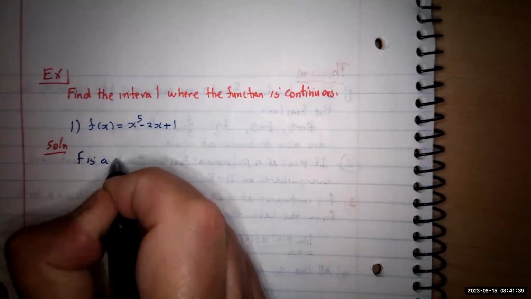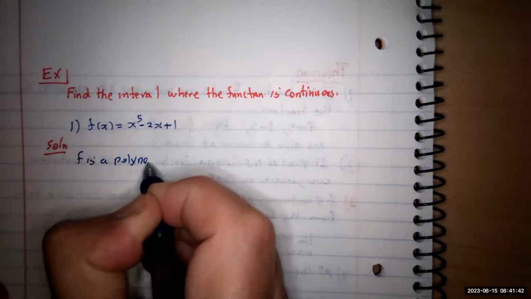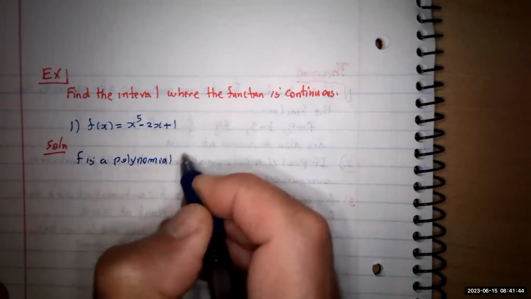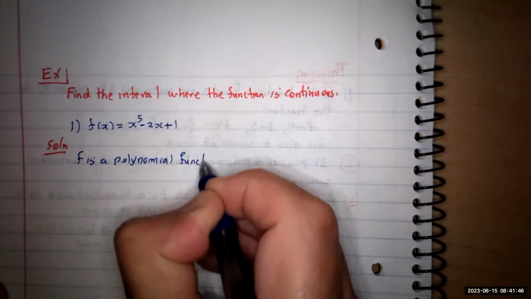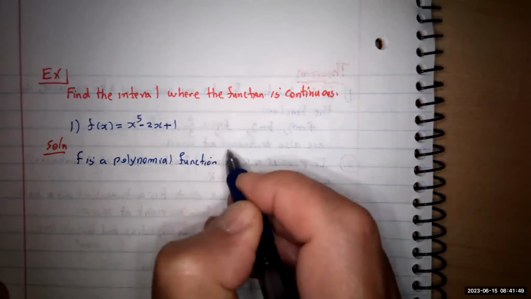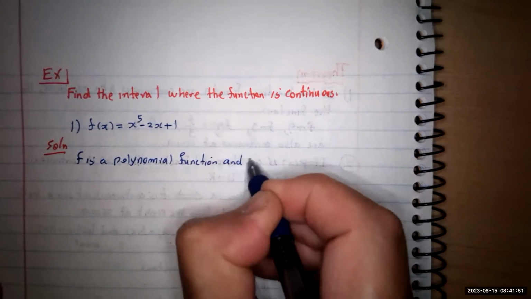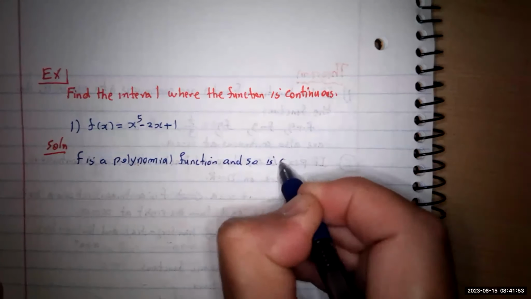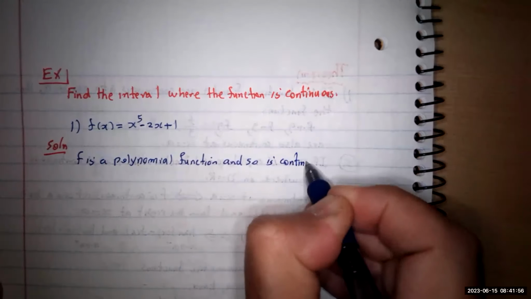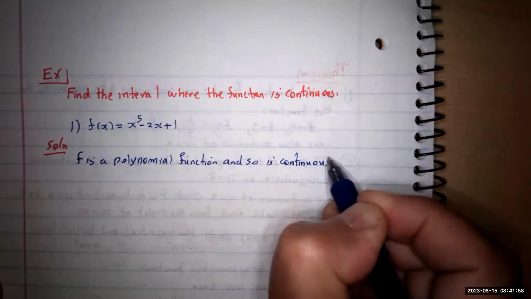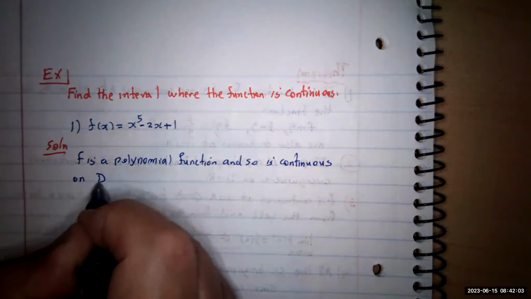Solution: you simply say that f is a polynomial, or a polynomial function, just a polynomial would be fine. And we know that it's continuous everywhere. Or it's continuous on D, you can say D equal to R.